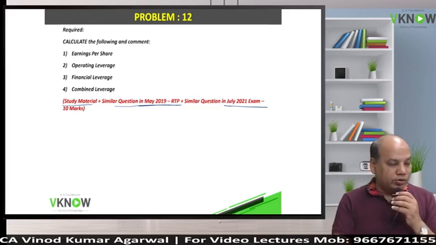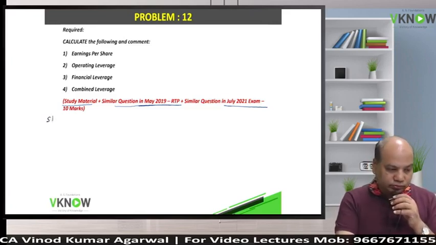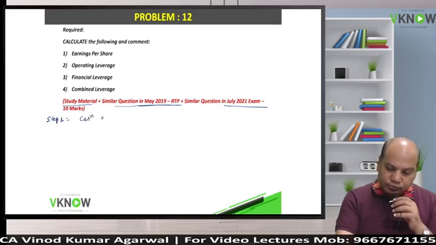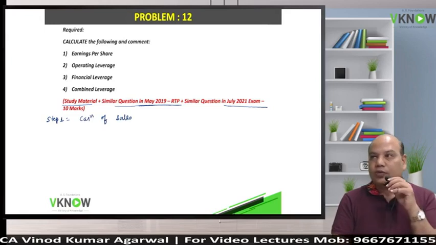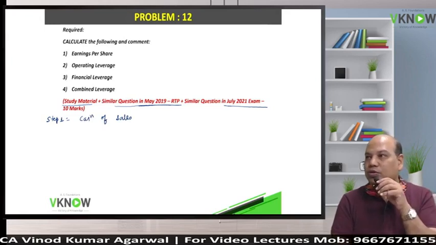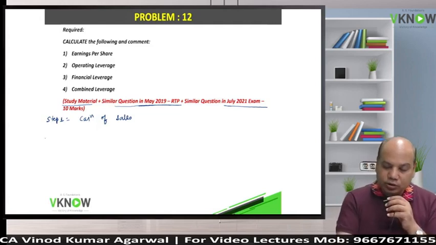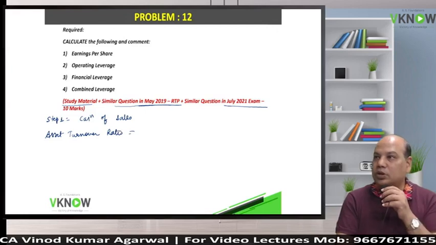So first write down step 1: calculation of sales. You have to know the formula of asset turnover ratio to solve this question, which is covered in the ratio analysis topic. Students take asset upon turnover.